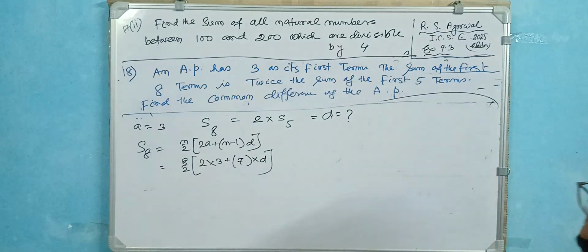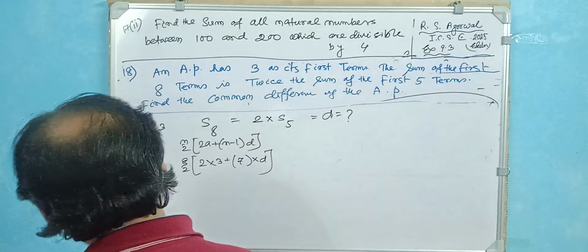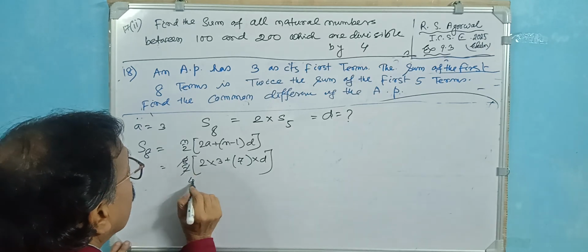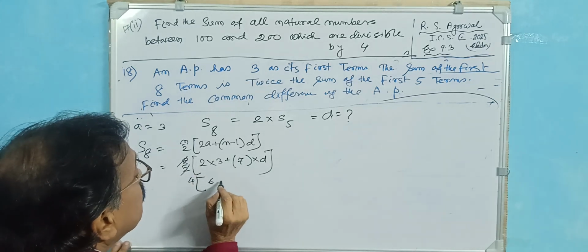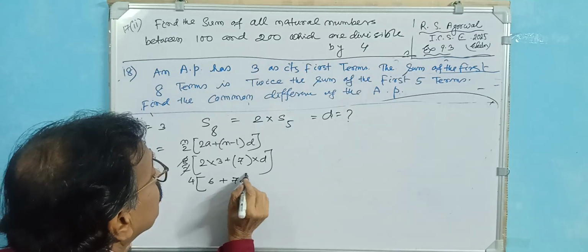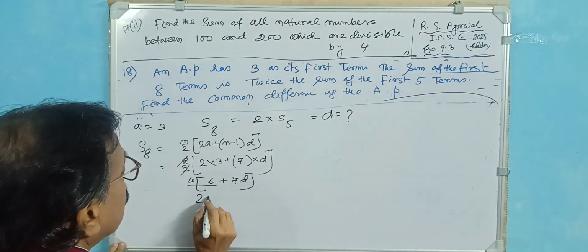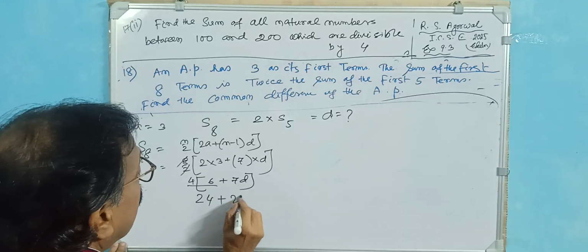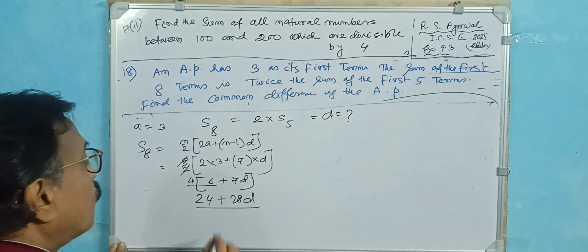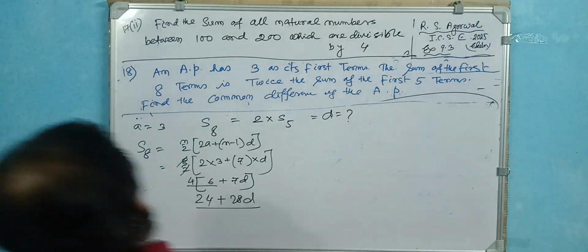No problem. So this is actually 4 bracket, 3 twos are 6, plus 7D. Just multiply 4, 24 plus 28D. So this is S8.